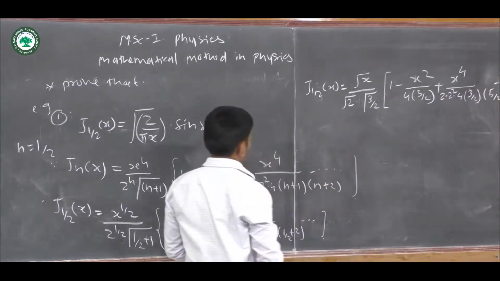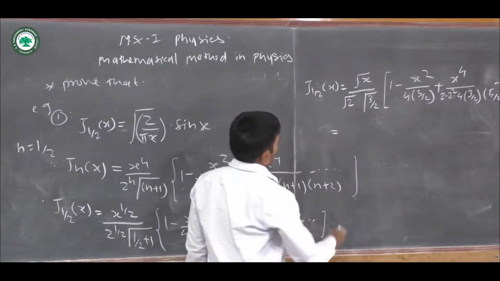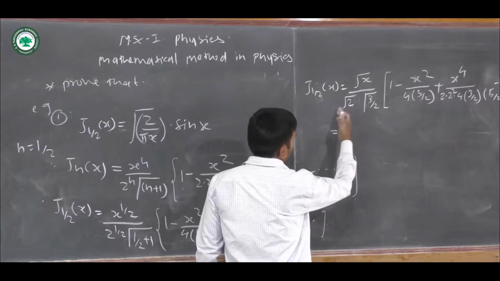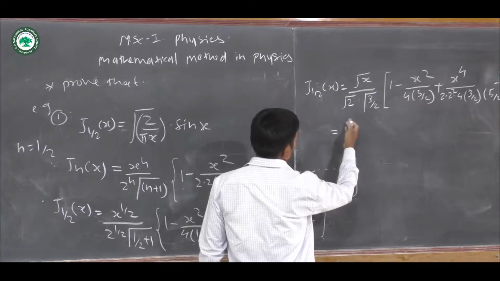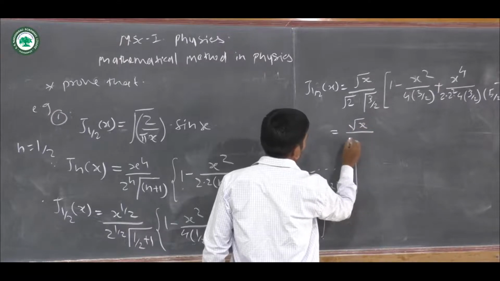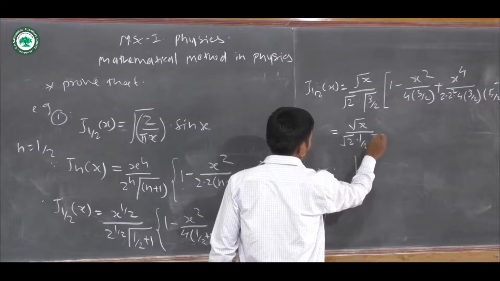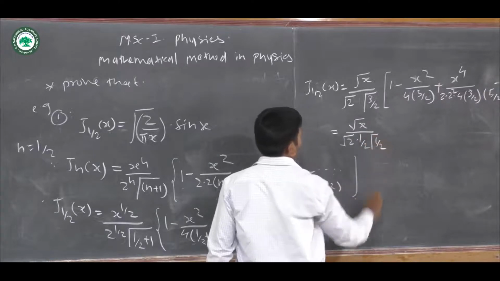This gamma 3 by 2 we can write as half into gamma half.